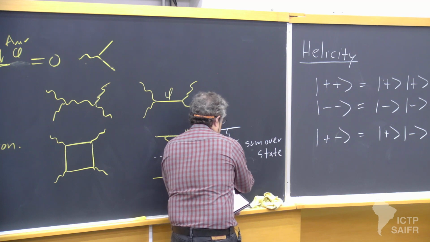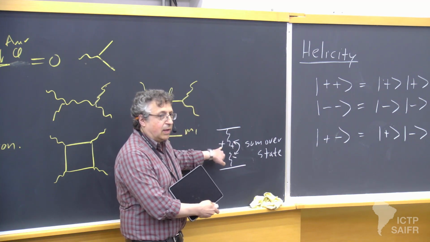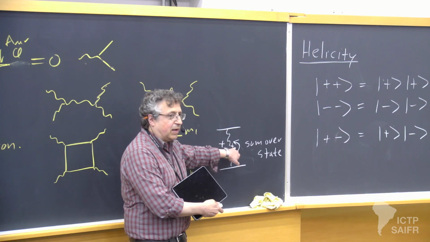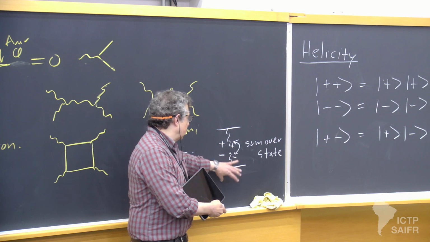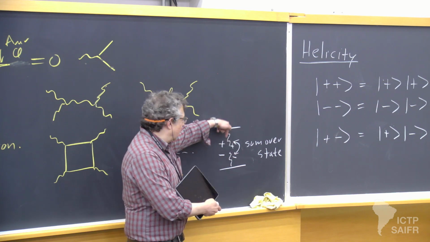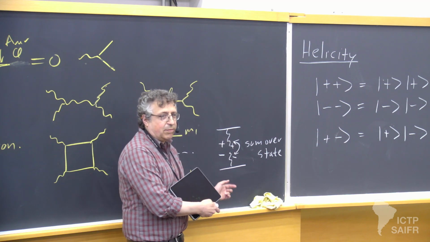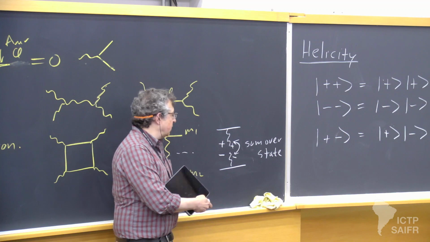So I'll write, this is like the double copy. One copy is plus, the other copy is plus. Or cross the cut, because I'm using outgoing convention. On one side it's plus, on the other side it's minus, just by my conventions.